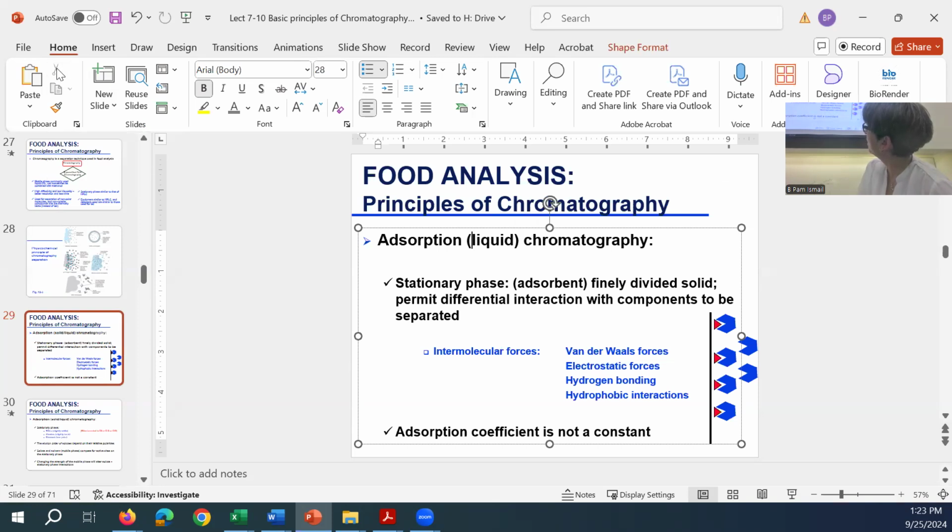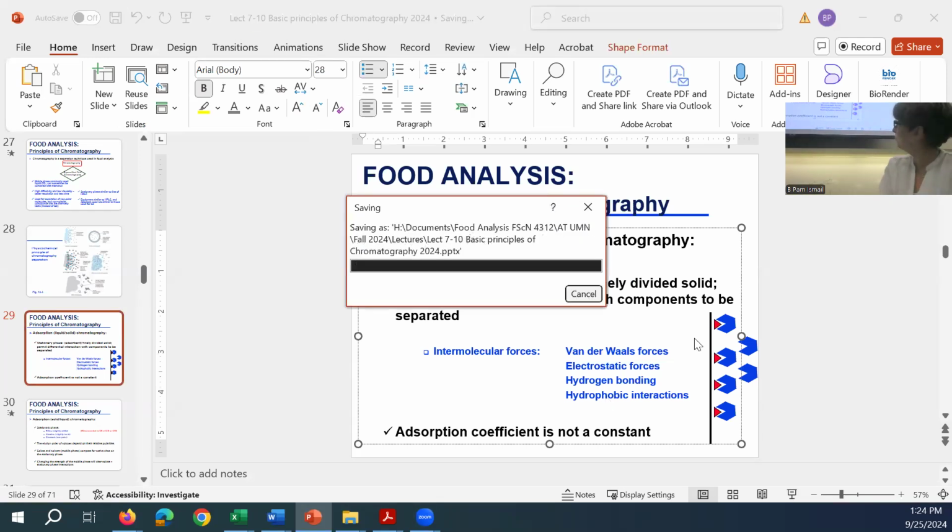You can breathe. All right. So it is liquid chromatography. So it is liquid mobile phase and solid stationary phase. Okay, very slow. Come on.